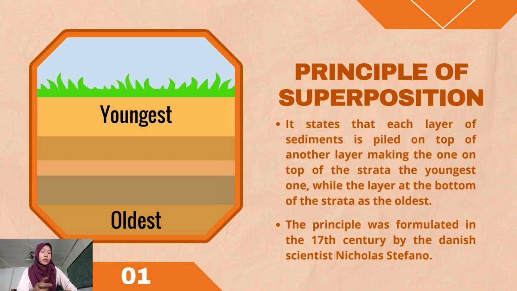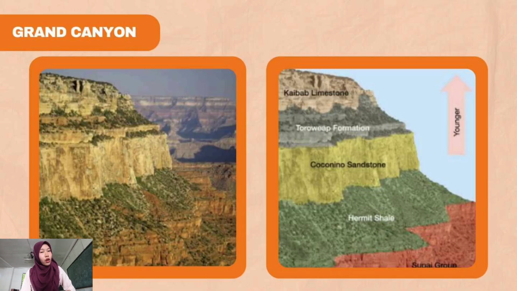So the bottom layer of the sediments is the oldest, while the sediments piled on top are the youngest. An example of the principle of superposition is the Grand Canyon. We can see in this picture, the bottom is the oldest and the top is the youngest.